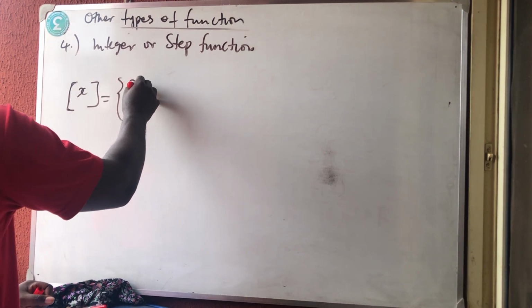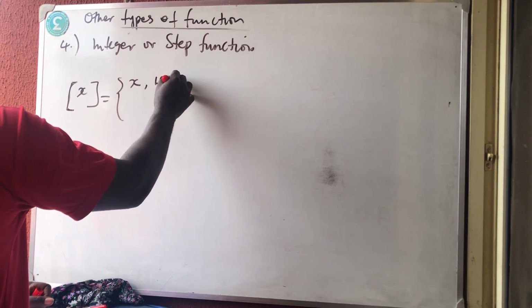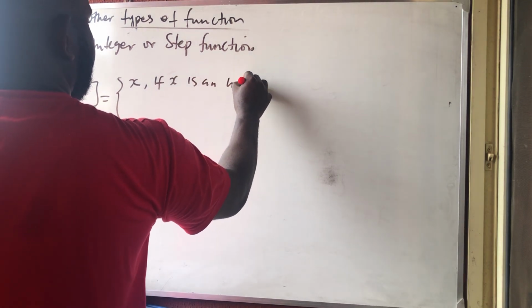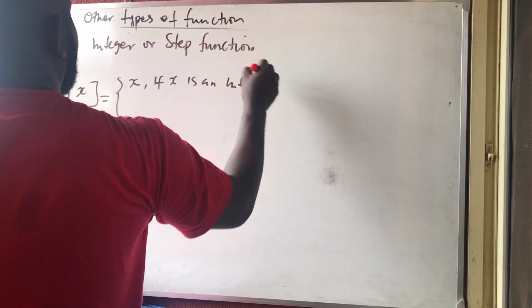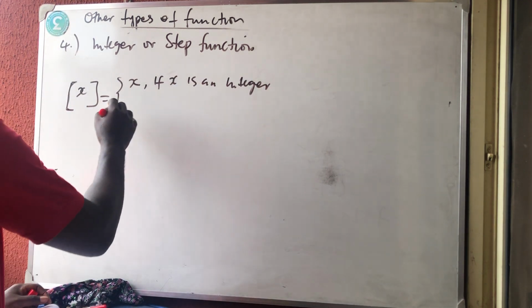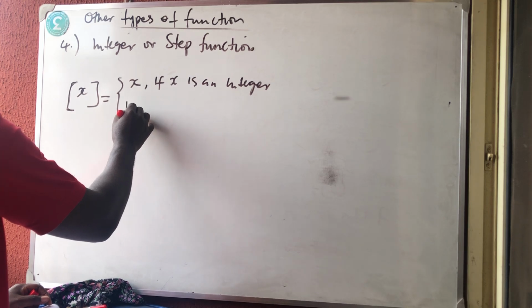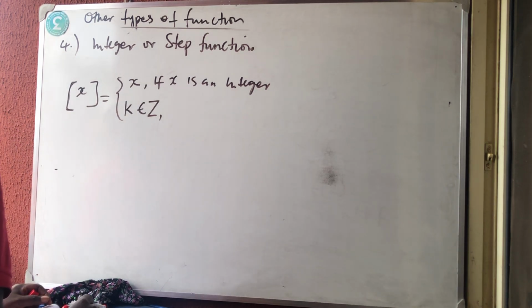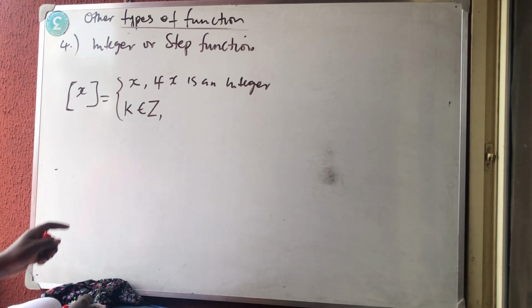x, if x is an integer. If it's a whole number, then that is your answer. But if it is not a whole number, it is k, which is an element of Z, another whole number.